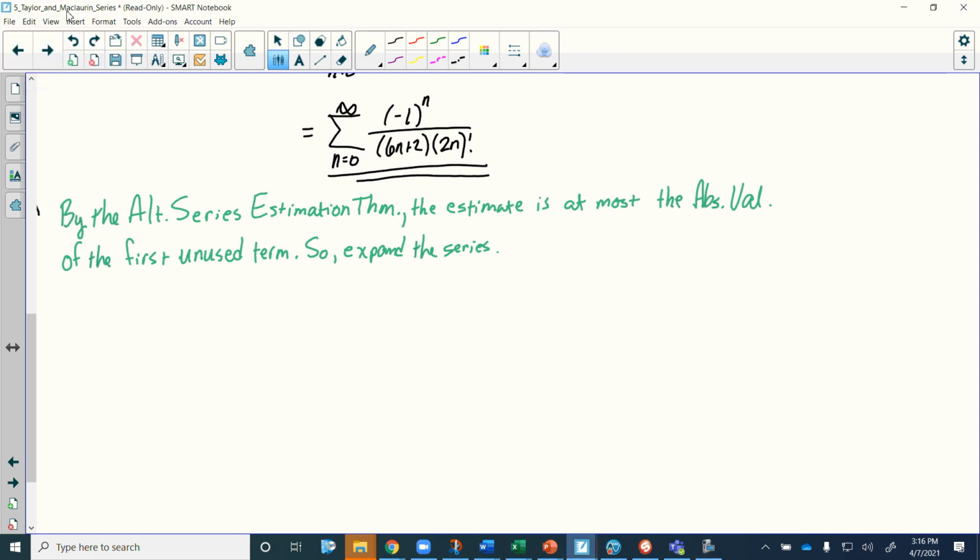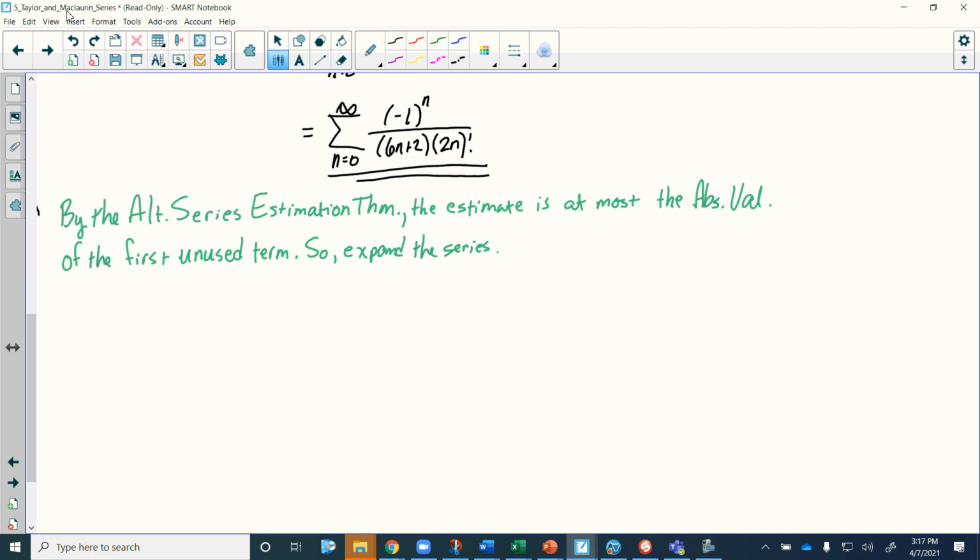By the alternating series estimation theorem, the estimate that we're trying to get is at most the absolute value of the first unused term. So what we need to be able to do is we have to take the series and we have to expand it so that way we can figure out where we want to stop and what will be the first unused term that we're probably going to use as our reference.